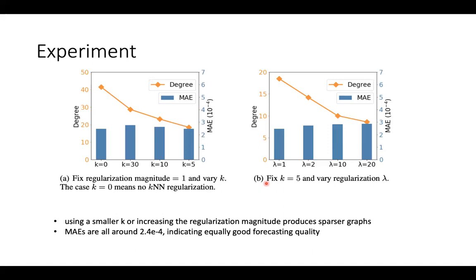So the graph is essentially sparse. And another thing is that by varying k and lambda, the mean absolute errors are all around the same magnitude, indicating equally good forecasting quality compared to other baselines.